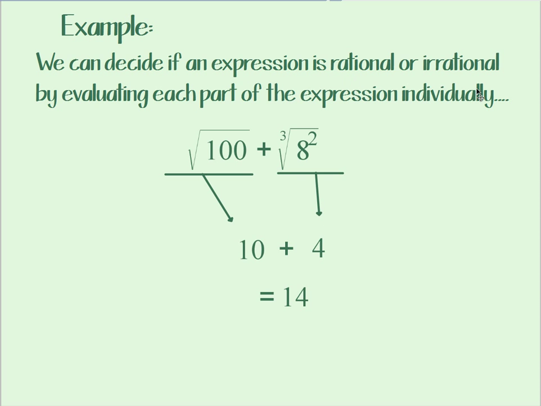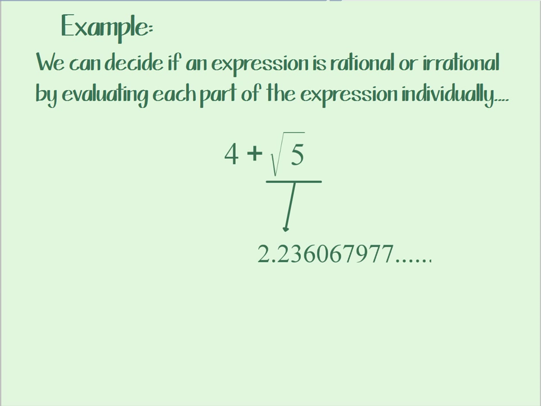Is 14 rational or irrational? Since I can write that as a fraction by putting it over 1, that's a rational number. So this expression, I can say, is rational. I need to show why I know it's rational, but that's kind of the gist of it.